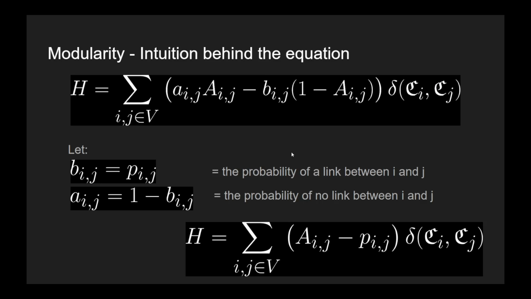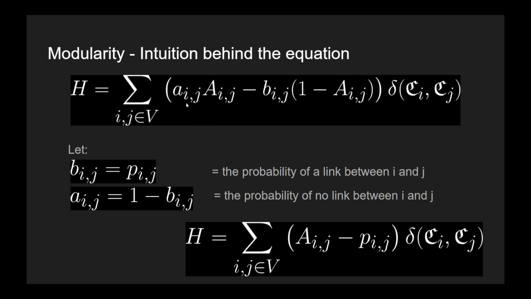So the question is, how do we want to decide to handle these weights? There are multiple different ways you could do it, but one way you could think about doing it is based on the probability of a link between i and j existing. So you could say that B we're going to make equal to the probability that a link between i and j should exist, and then A is going to be 1 minus that probability, in other words, the probability of no link between i and j.